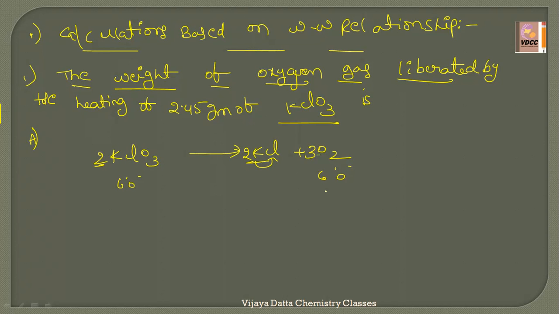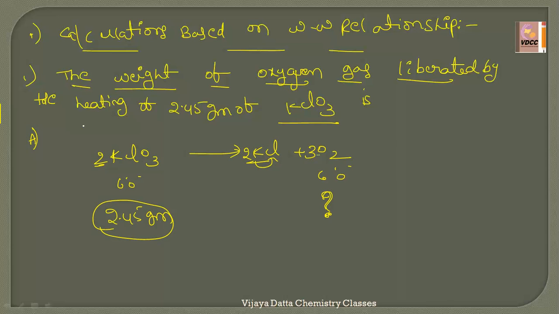He is asking the weight of the oxygen. Weight of oxygen gas liberated by heating 2.45 grams of KClO3. So the question is, 2.45 grams of KClO3 is heated, how much oxygen will be liberated? To solve this question, we have to take the weights of KClO3 and O2 from the balanced equation.